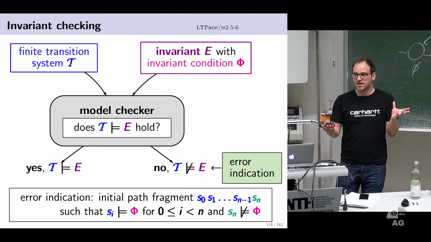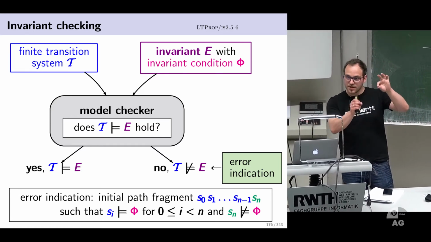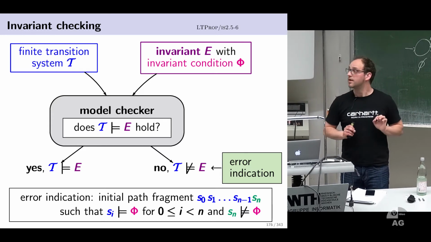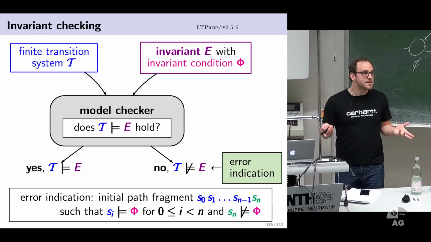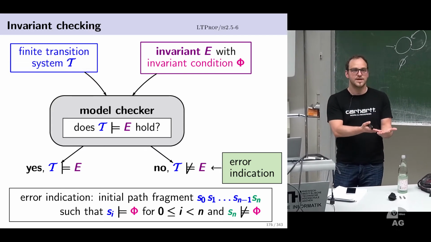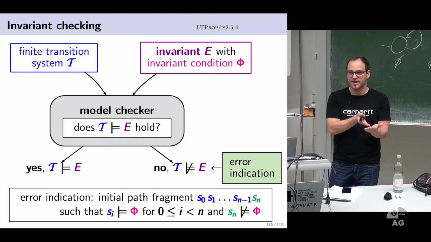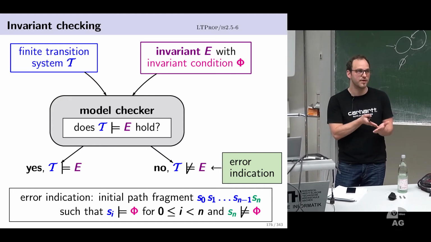So what we could give as a counterexample is a path going from the initial state to the violating state. And that's simply it, because that gives the designer the feedback: yeah, this path is in your transition system, and this path violates the property. It explains the violation of the property.